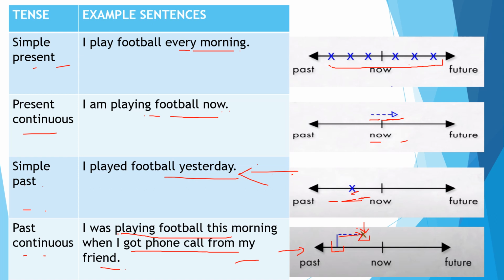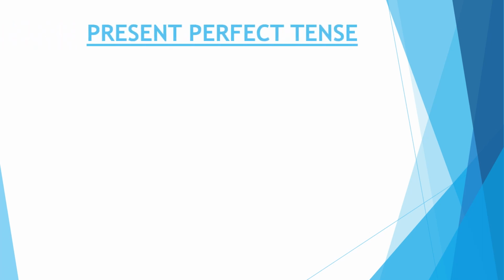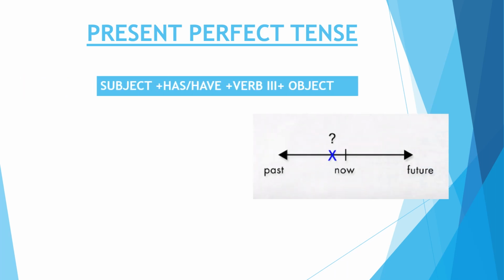Now moving on to the next, present perfect tense. Present perfect tense indicates an action. See here on the timeline. It indicates an action that has been completed sometime before the present moment. This is the present moment, and the action has just been completed before the present moment.